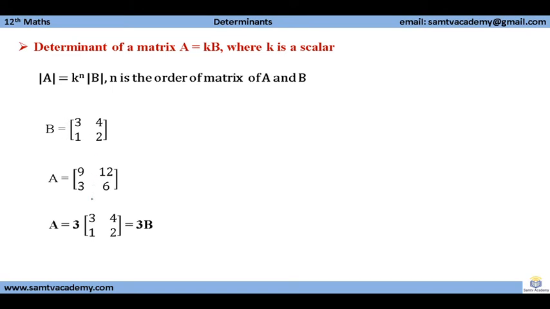So if we look at this matrix, what is the value of A with respect to B?